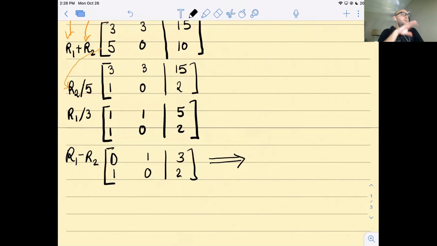For 2 by 2, this is called Gaussian elimination. For a 2 by 2 system, you don't need to do this. It's pretty simple to just do regular elimination because you only have two equations. You just eliminate one variable, solve for the other, back solve.